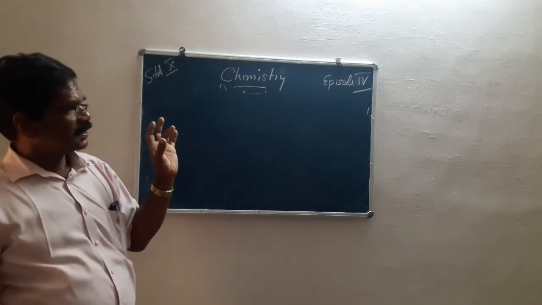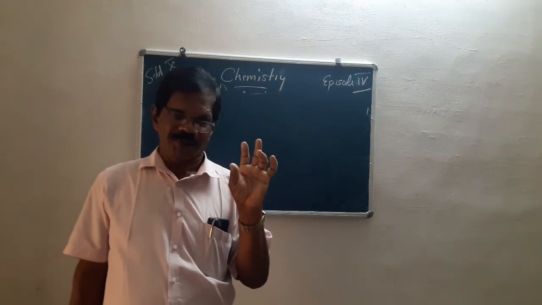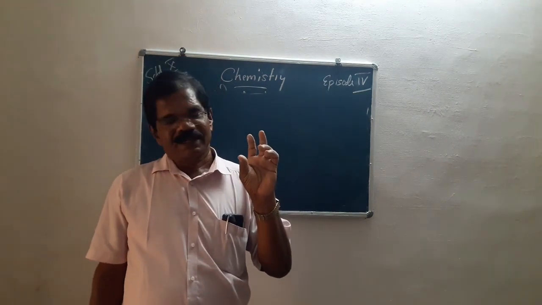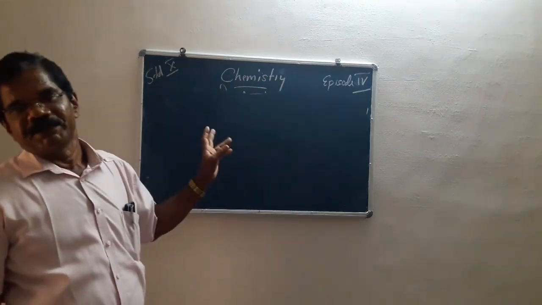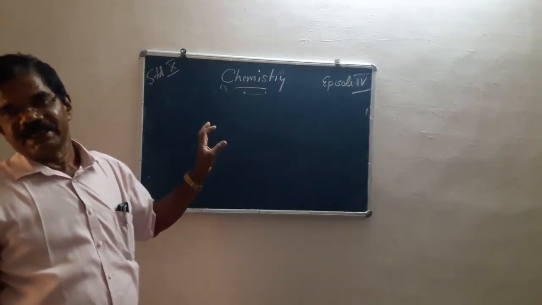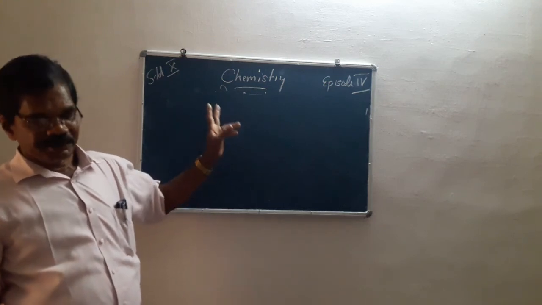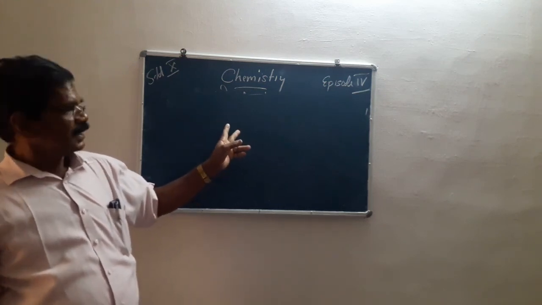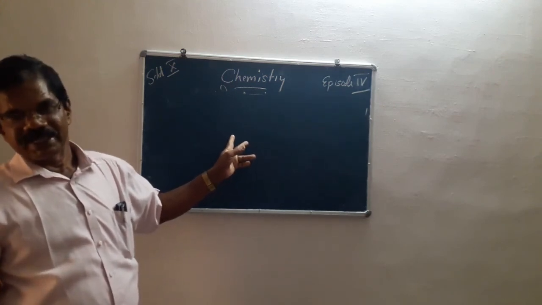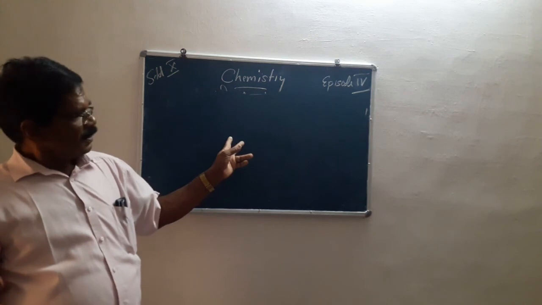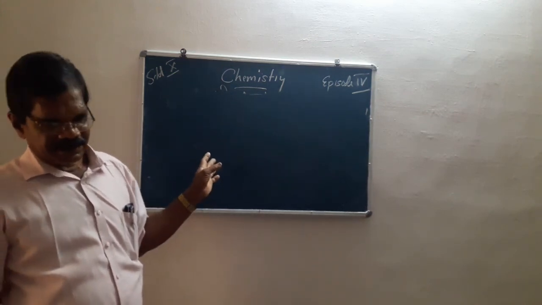Second major question is whether the equation is balanced or not balanced. Third type of question is what type of reaction it is. Reactants, products, balancing the equation, and what type of reaction it is. And the last one is whether it is an oxidation or reduction reaction. So you try to answer these questions for the reactions in the given textbook.